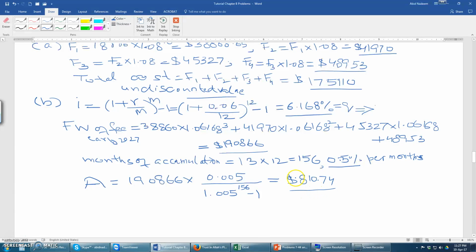So this much amount every month must be saved and deposited into the account to accumulate $190,000, which is needed for the tuition. If this much amount is accumulated, you will have the desired amounts in the beginning of 2024, 2025, 2026, and 2027.